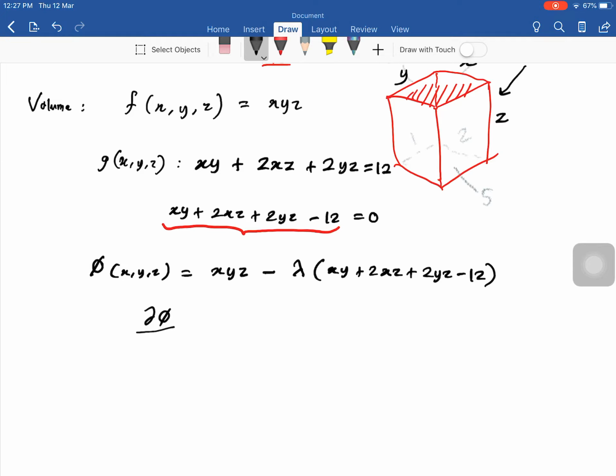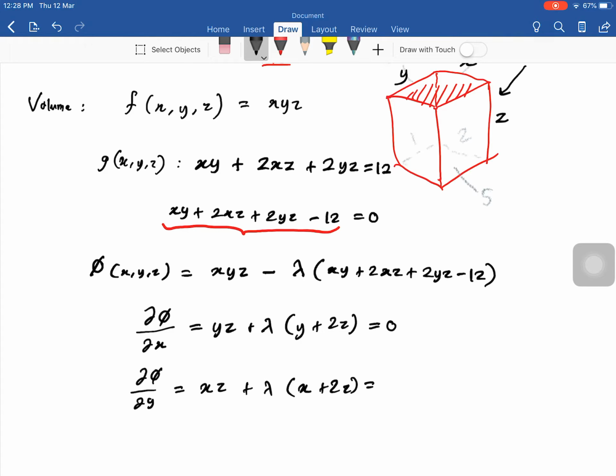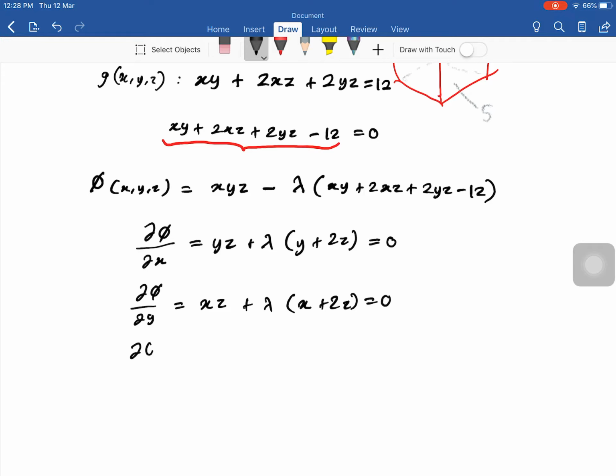So ∂ψ/∂x equal to yz plus lambda (y plus 2z), and this is equal to 0 because we want to find the stationary point. ∂ψ/∂y equal to xz plus lambda (x plus 2z) equal to 0, and the last one, ∂ψ/∂z equal to xy plus lambda z.